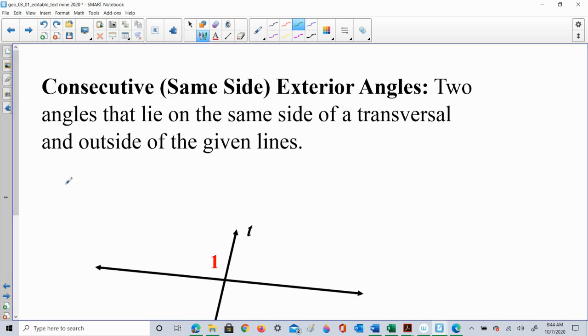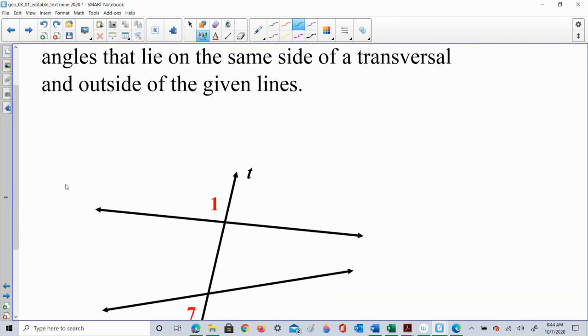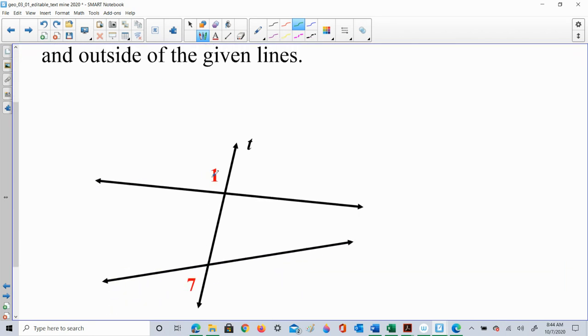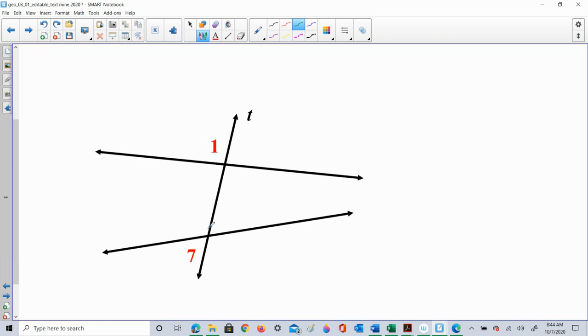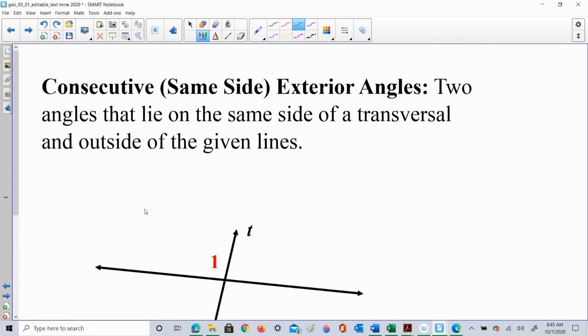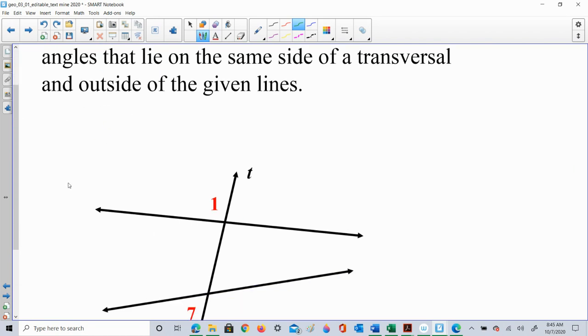Same side exterior angles. Same side of the transversal. They're both on the left side of T, outside of the two given lines. Same side exterior angles.